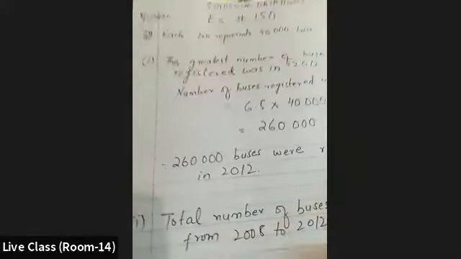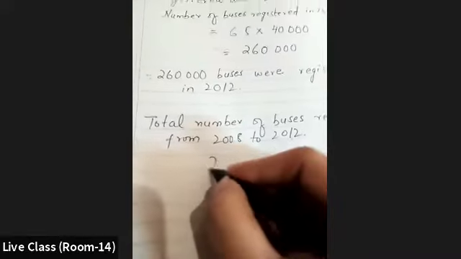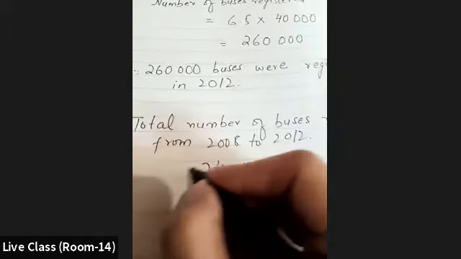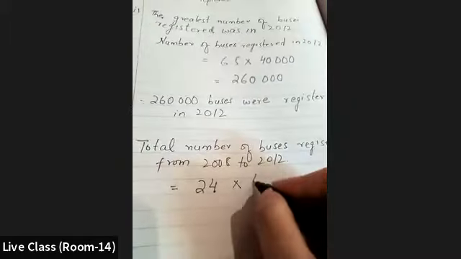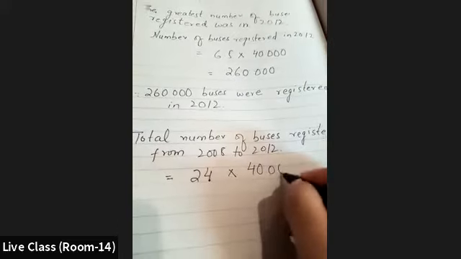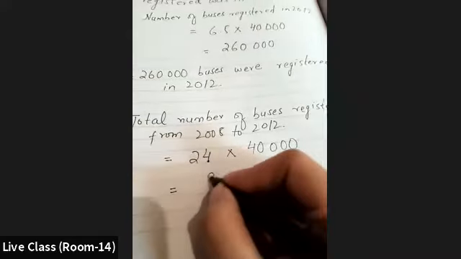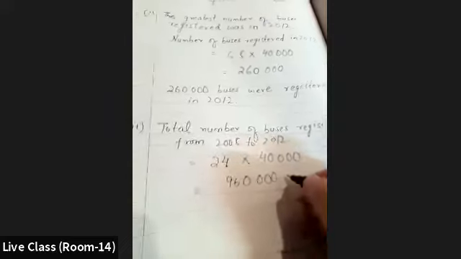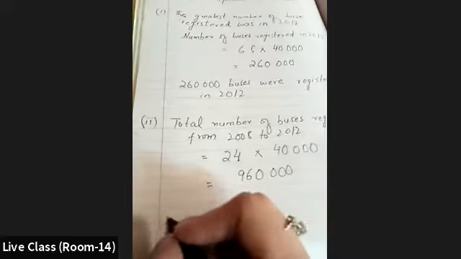So how many buses are there? 24 buses. Multiply by 40,000. So the answer will be 9,600,000.